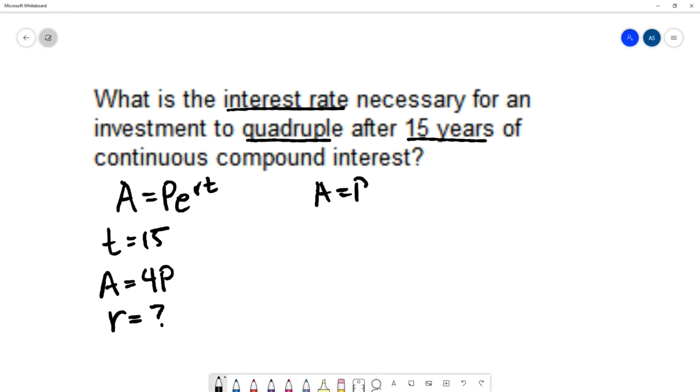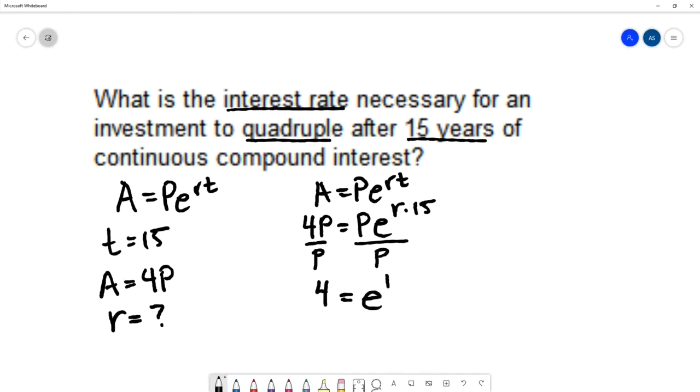Let's substitute this into our formula. A equals P e to the rt. A is 4 times our starting amount, 4 times P. And we have a time period of 15 years. We're going to solve this by dividing by P on both sides. We get 4 equals e to the 15r.